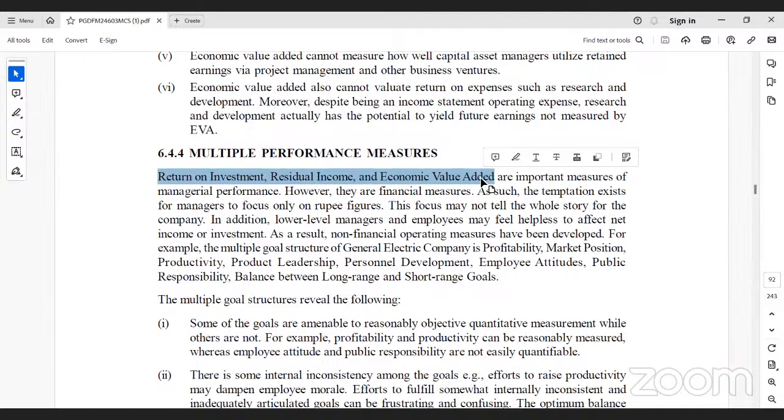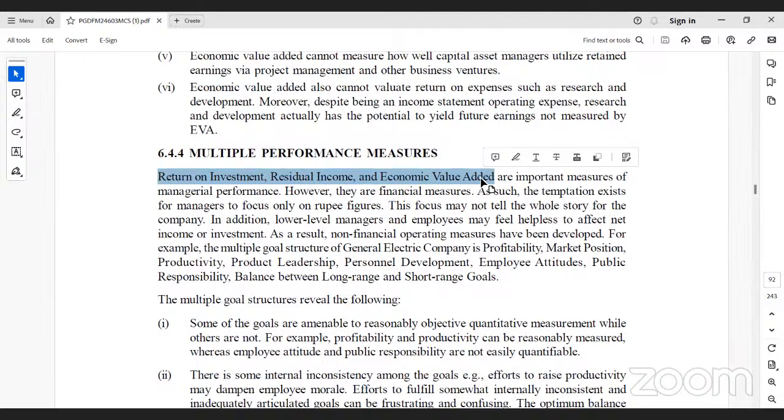We just compare financially whether this profit center versus this investment center is good or bad, whether they earn better profits or not. But with multiple performance measures, you don't see only the profits right now. You can see the company's growth as a whole for the long-term prospect.